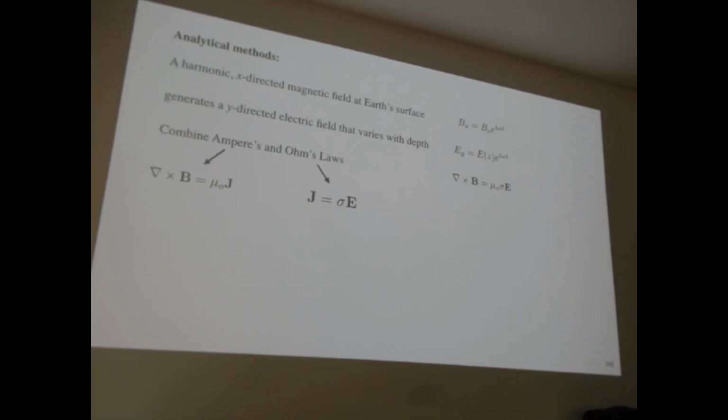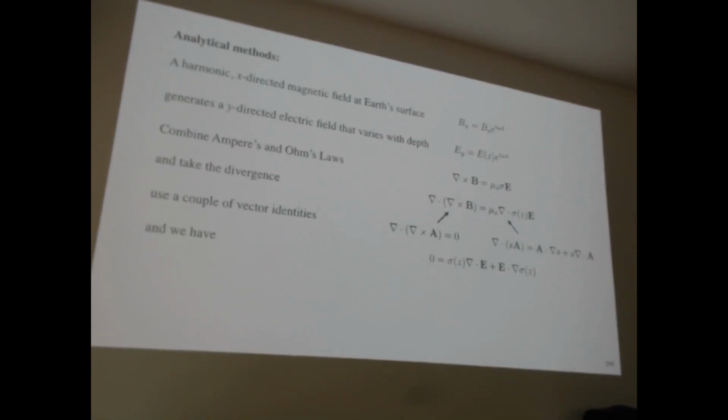So, go back to the math. We can combine Ohm's law and Ampere's law to get the curl of B as a function of E. We've seen this already. We can take the divergence now on both sides of this equation and then use a couple of vector identities.